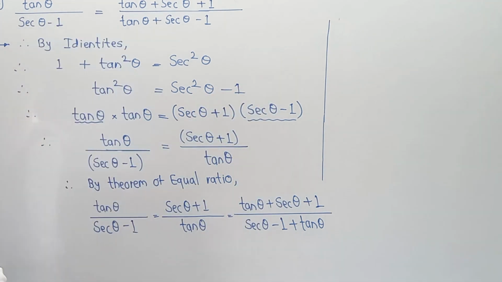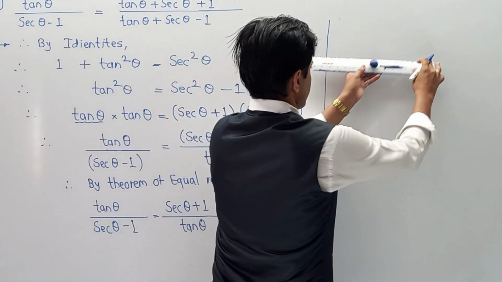Now we have reached almost the last stage, but I am writing the final step upstairs and removing all this part. Here the last part is as per required. We need tan theta upon sec theta minus 1. So I am writing that evaluation.